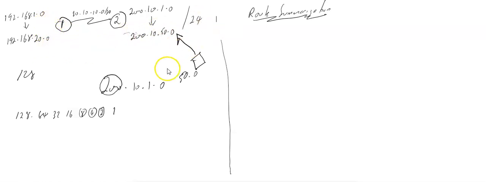Now assuming you are trying to send a packet destined for 200.10.50.0, which is this, to this router. When that packet gets to router 2, what happens? Two things may happen.